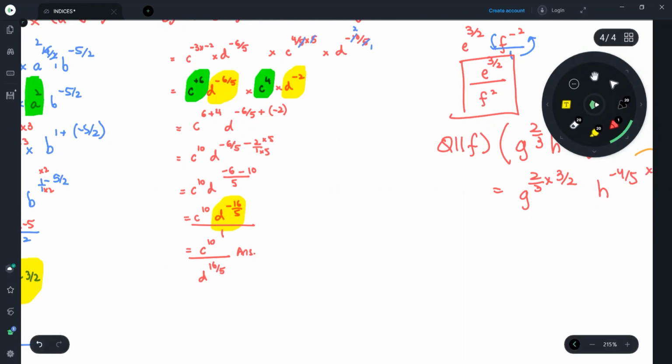Because this was a negative index, you took it down to the denominator, and the negative sign changes into a positive sign. Okay, sir. The power changes sign when it goes down or goes up: when it is in the numerator, it goes to become a denominator, or when it is a denominator, it goes to become a numerator. The power of the base changes the sign. Okay, sir.